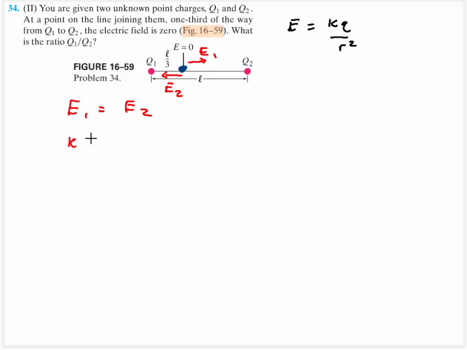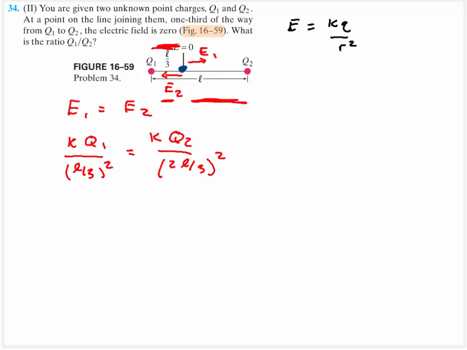So the electric field is going to be kq1 divided by the distance squared. Here the distance is just L over 3, making sure I square this. That's going to be equal to kq2 divided by the distance squared. If this is 1/3, this distance right here has got to be 2/3, since it all has to add up to L. So this is going to be 2L divided by 3, squared.